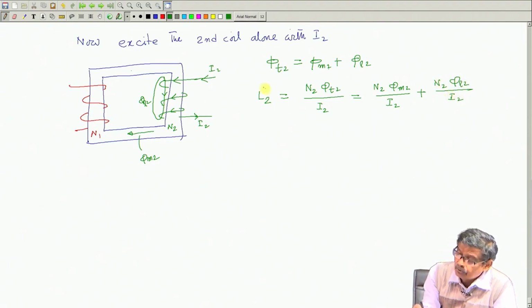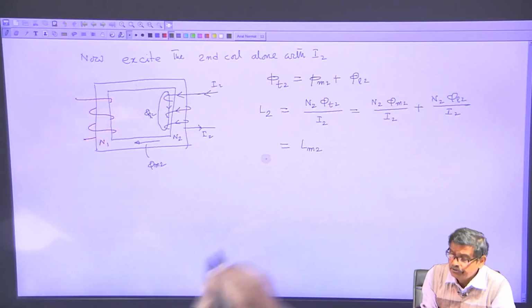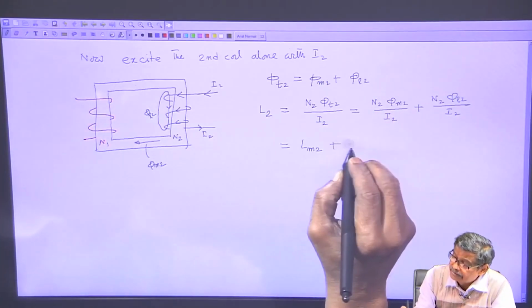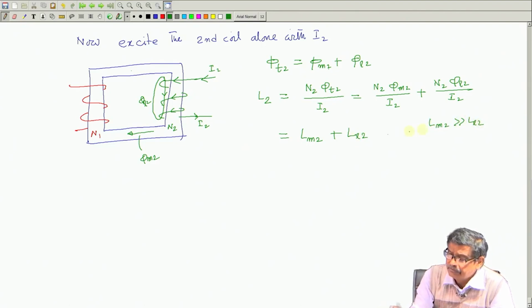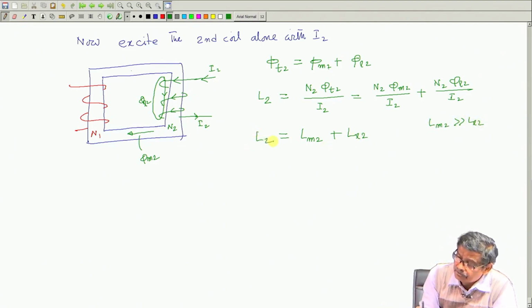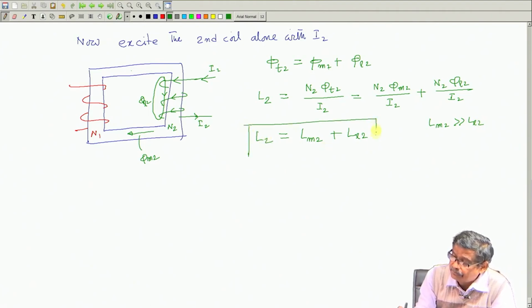And this total self inductance of the second coil can be written as the magnetizing inductance of the second coil caused by mutual flux plus the leakage inductance of the second coil, and LM2 will be much higher than LL2 for a well coupled coil. So, this will be your L2.